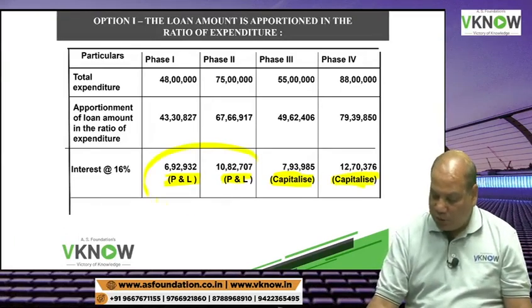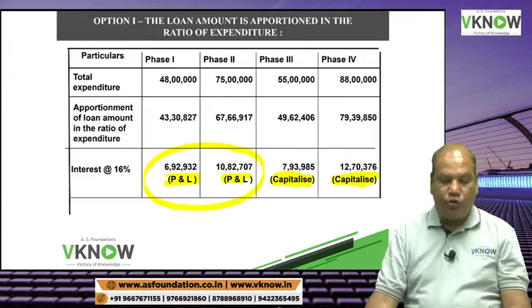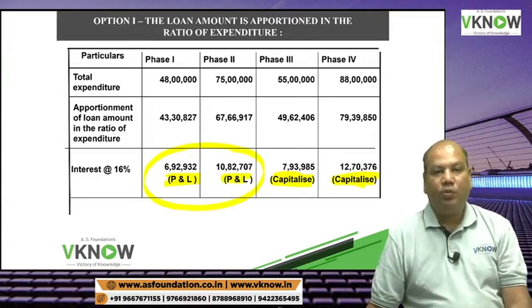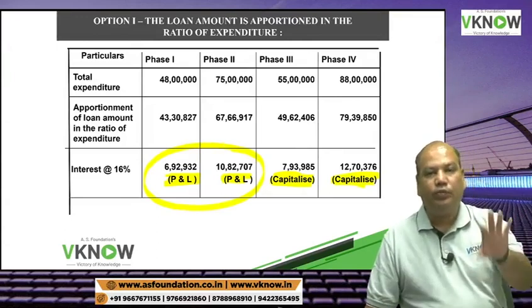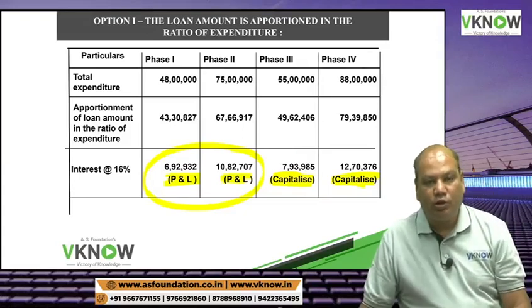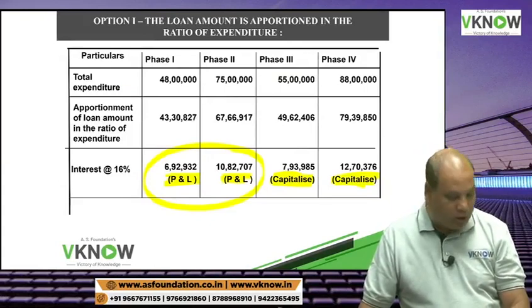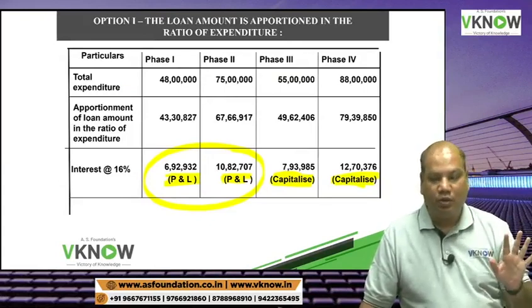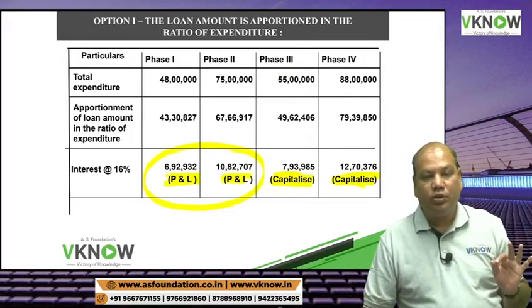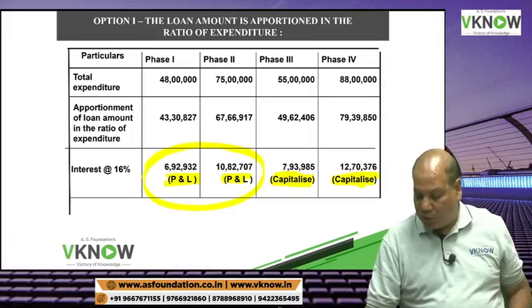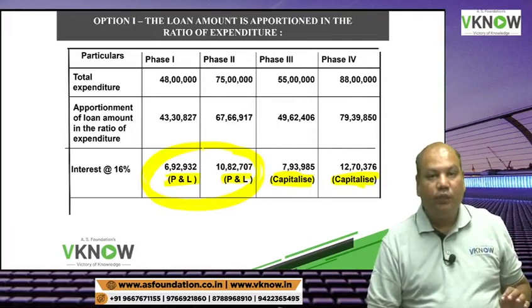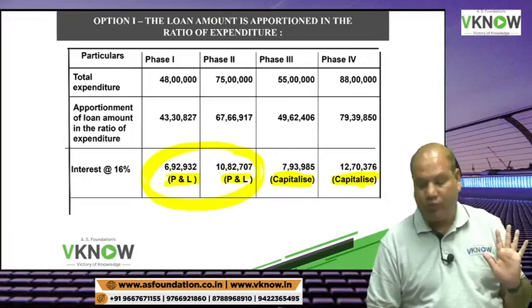What we are assuming, phase 1 and phase 2 have become operational at the start of the year. It's written in the book also. Why have we written that assumption? So that the whole amount will be charged to P&L account.